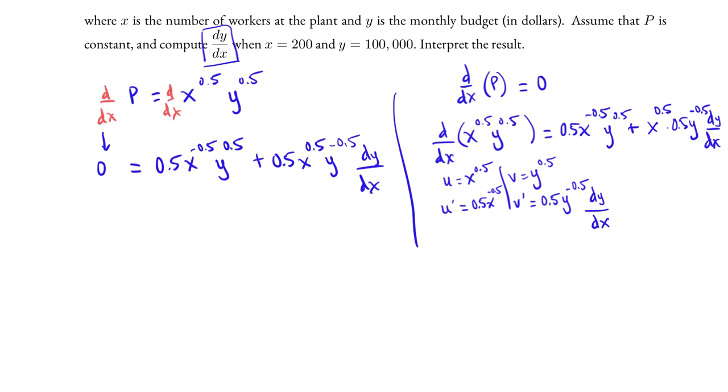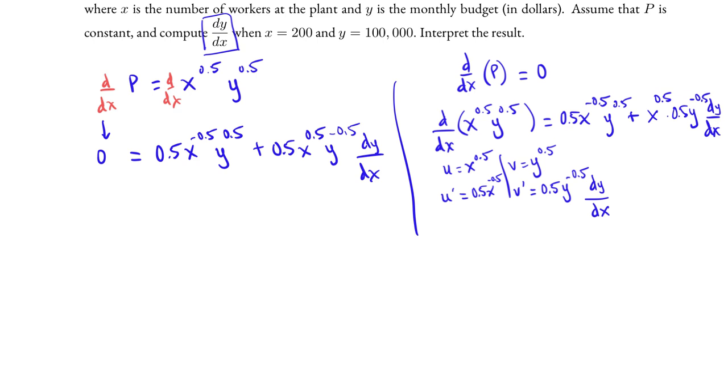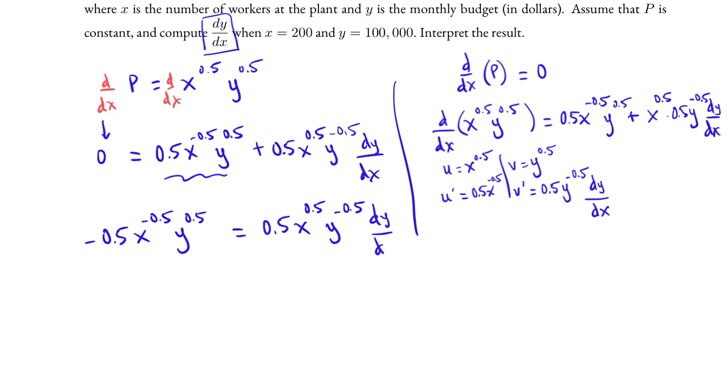We are looking for dy/dx, and so we move all the terms without dy/dx to the other side, which means we move 0.5 x to the negative 0.5 times y to the 0.5 to the left-hand side. Negative 0.5 x to the negative 0.5 y to the positive 0.5 equals 0.5 x to the positive 0.5 y to the negative 0.5 dy/dx.